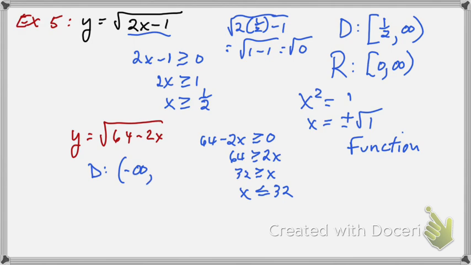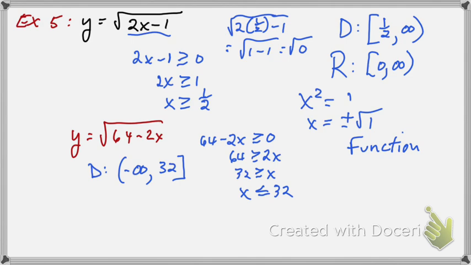So it can go from negative infinity all the way up to 32. I get that. But that's how you get the range. I'm sorry, the domain. Would that be a function? Yeah. As long as my x is in this domain here, for each x, I'm just going to get one y.